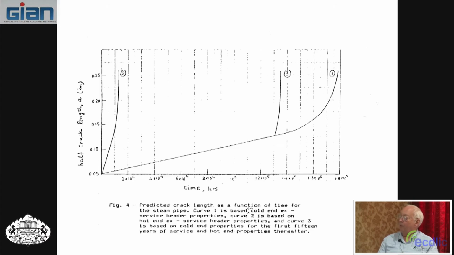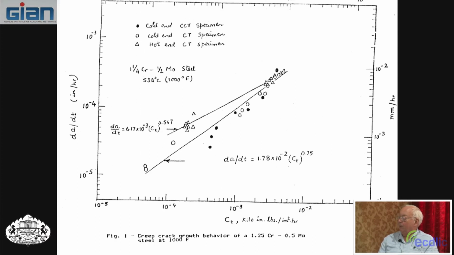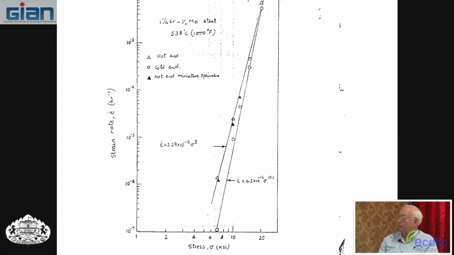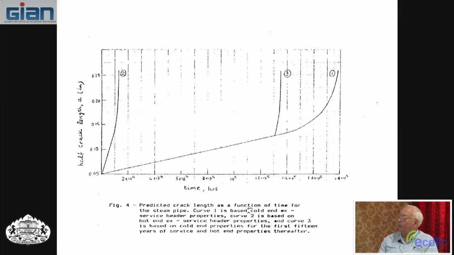Here's how the life is predicted. The hot end properties, that would be these sets and these sets, were used to calculate life using the da/dt.